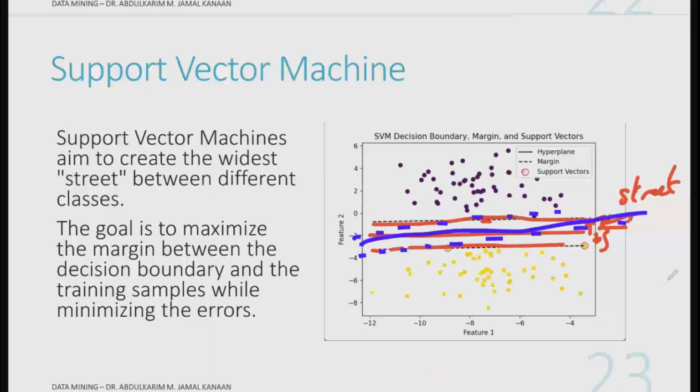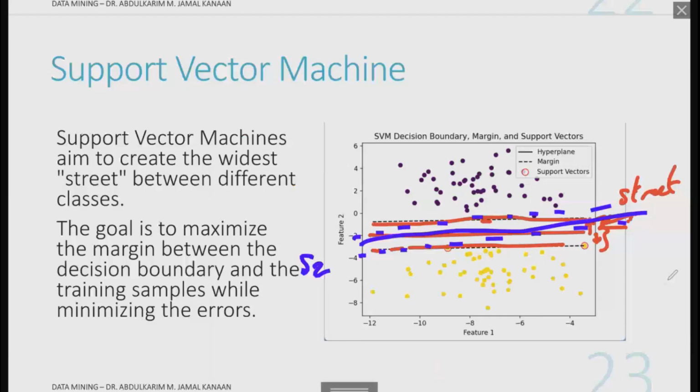So the blue one is solution 2, the red one is solution 1. Then how will support vector machine make the final decision on which solution to take? The solution that has the widest street, the widest margin. This one will be your best solution. Clear? So you're looking for the widest possible street.